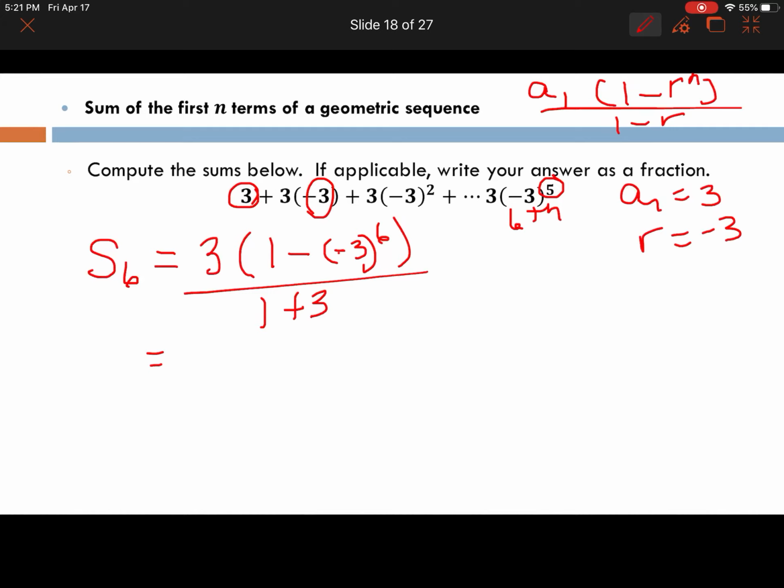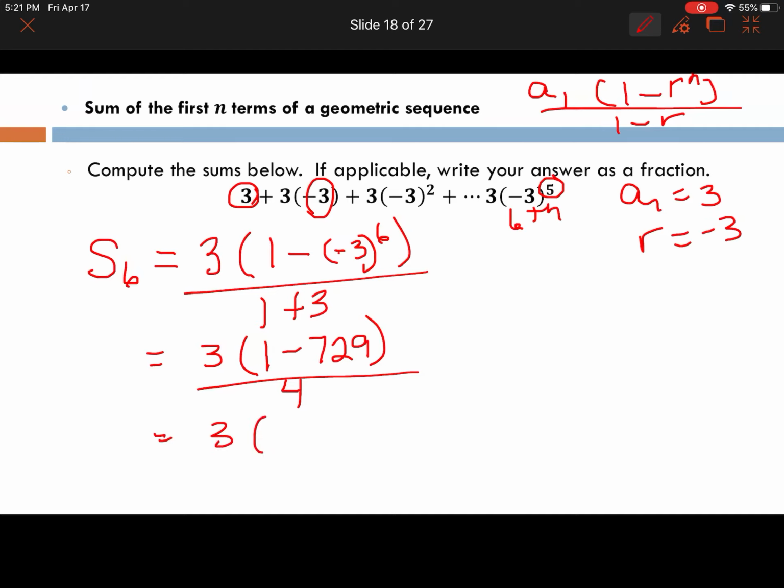Okay, so I have 3, and so 3 to the 6th, I think it's going to be positive because it's an even exponent. I think we already did this, and it's 81. No, it's 729, sorry. 3 to the 4th would be 81. All right, so that's going to be 1 minus 729 over 4.